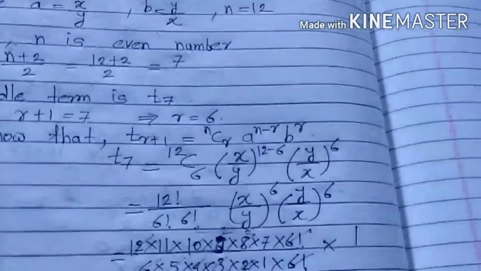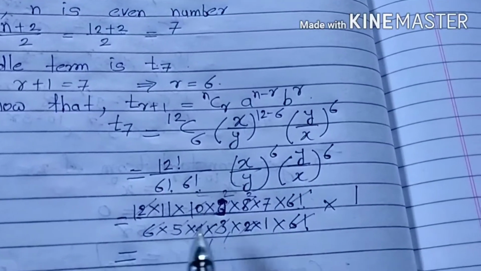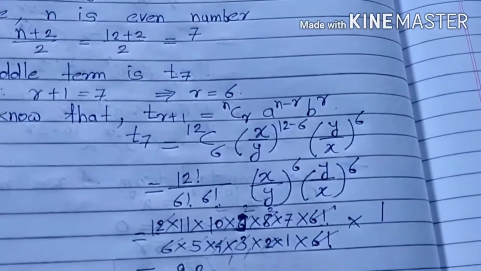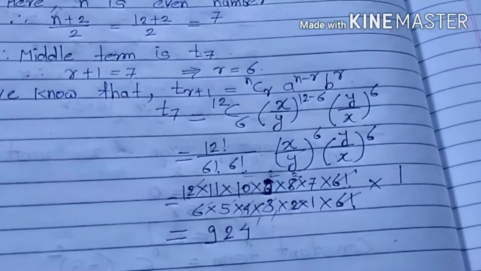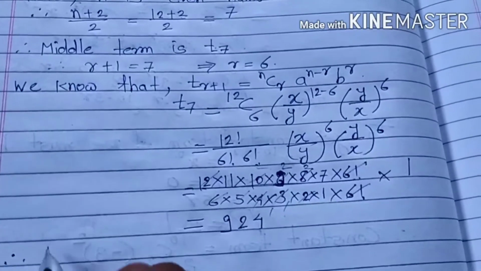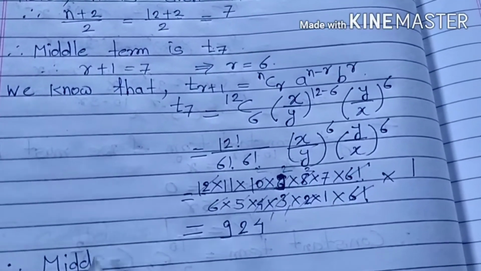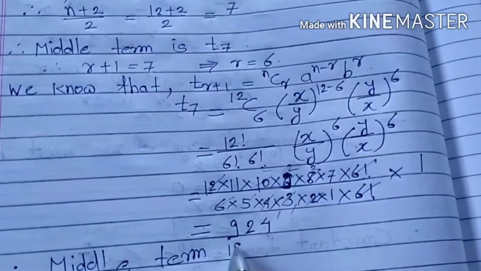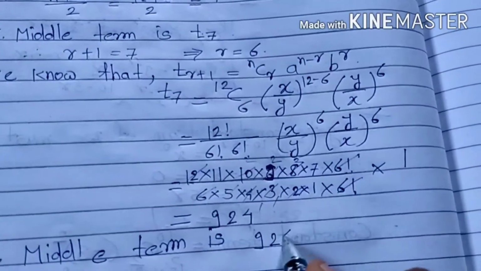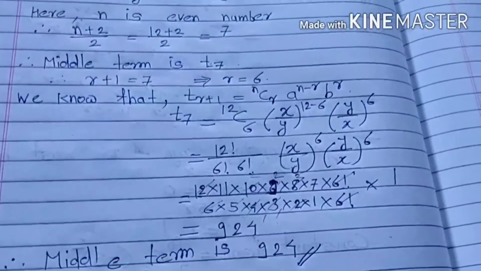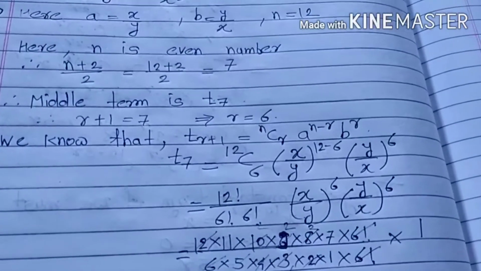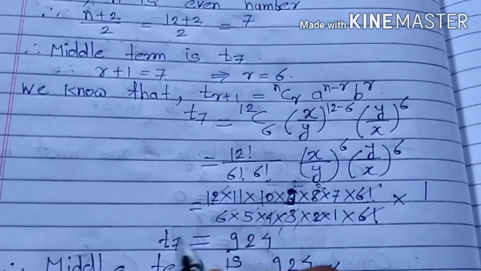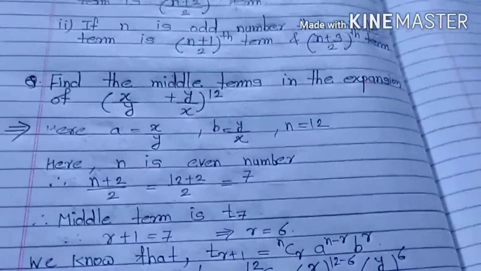So by making all the multiplication, our answer is 924. Therefore, this is our answer: the middle term T7 is equal to 924. You can observe.